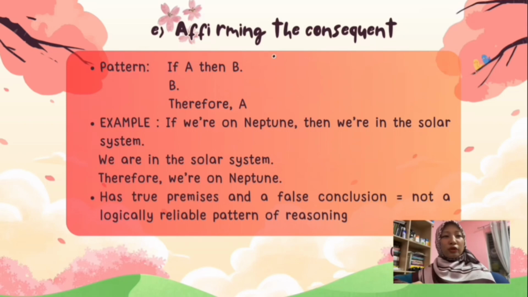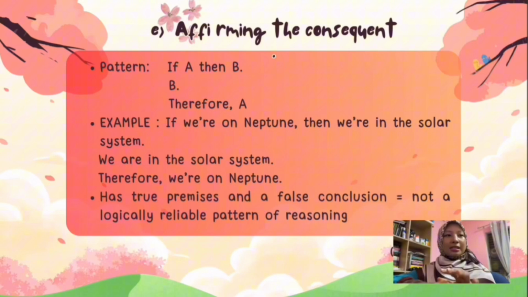So it's also not a logically reliable pattern of reasoning, but still, it's still under deductive reasoning because it still uses the same pattern, which is if-then. In this example, we can see that although we are in the solar system doesn't mean we are on Neptune, because the solar system has a lot of other planets. Maybe we are on Earth. Doesn't mean we are on Neptune.